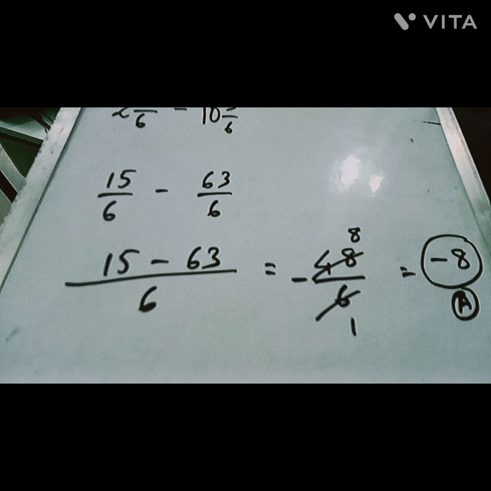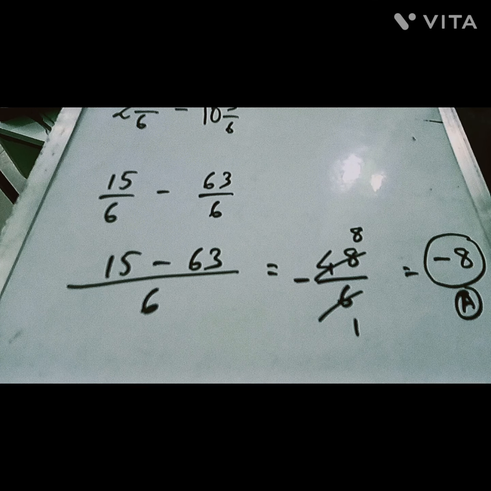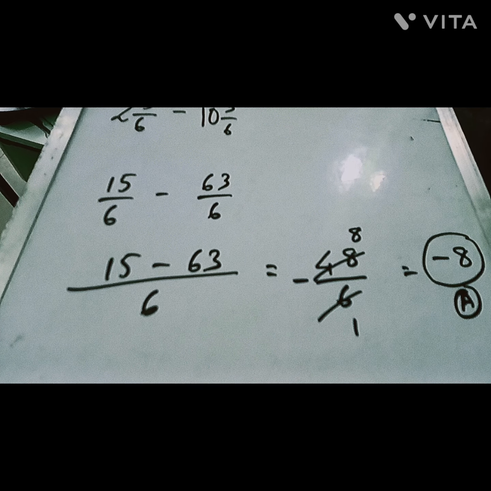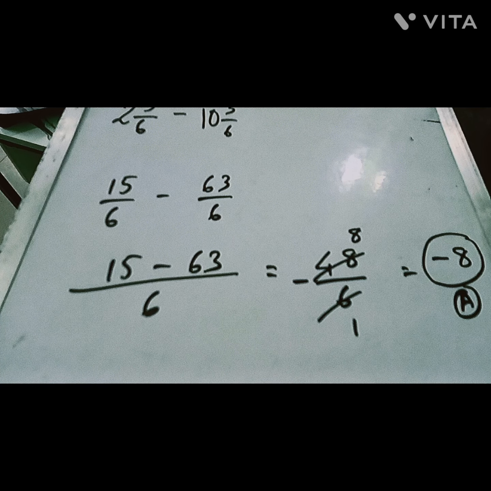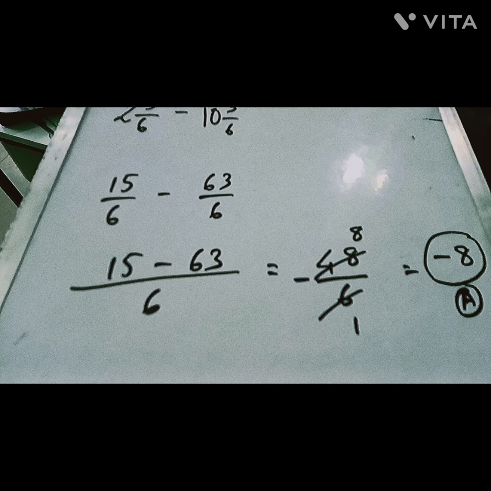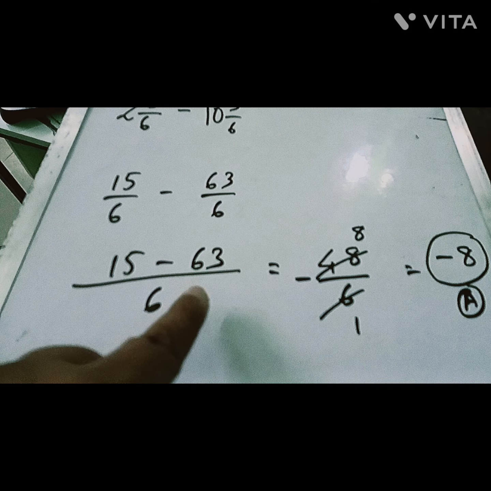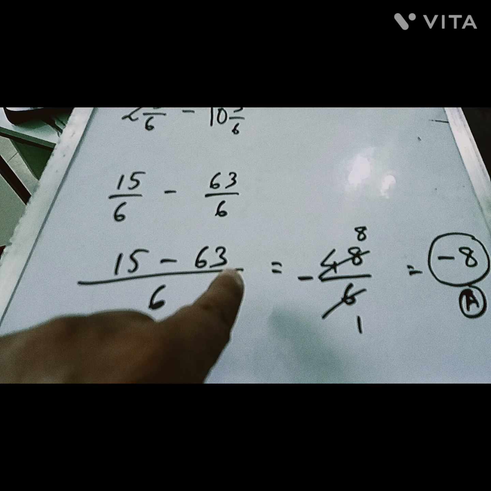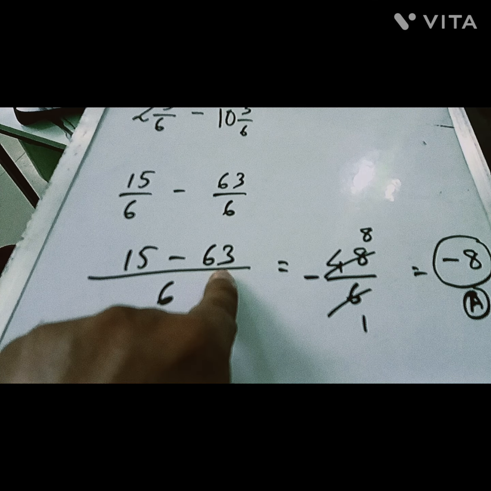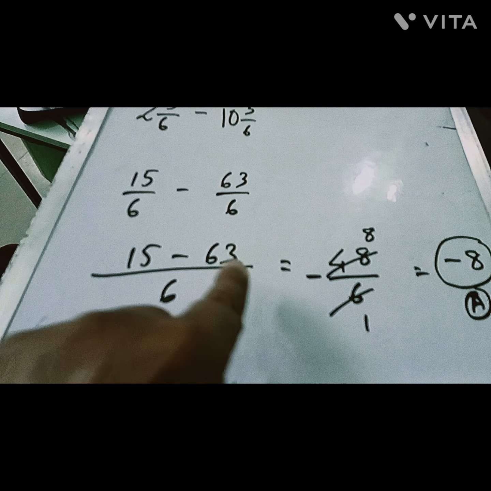15 minus 63. Now I have taught about integers. If you are not fluent with integers, please follow my video on integers. I have explained it in detail. Here the minus sign is placed on the value of the bigger number, and it's plus and minus, so please don't multiply.